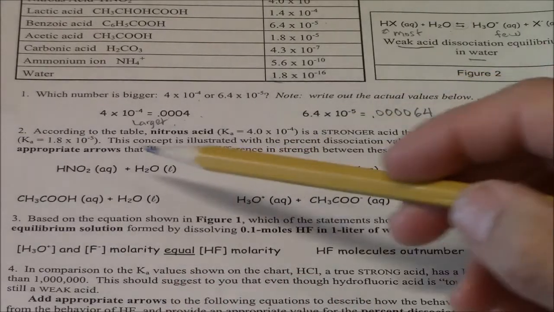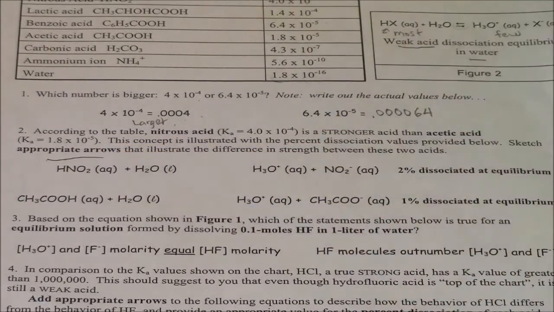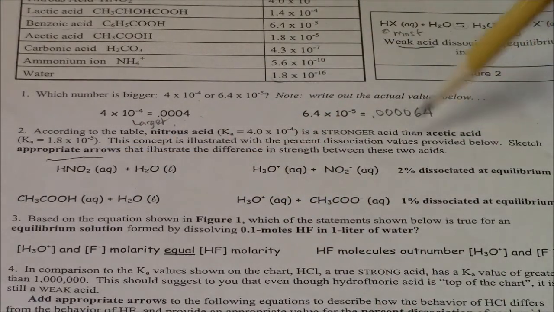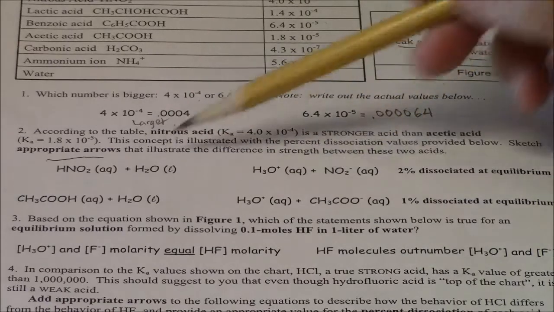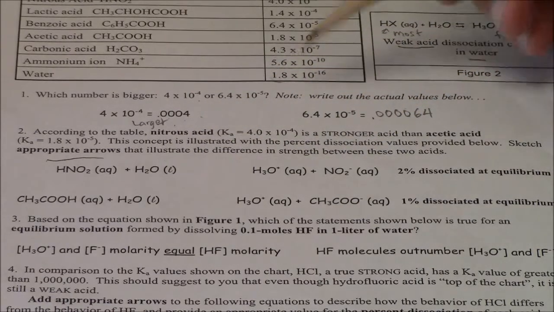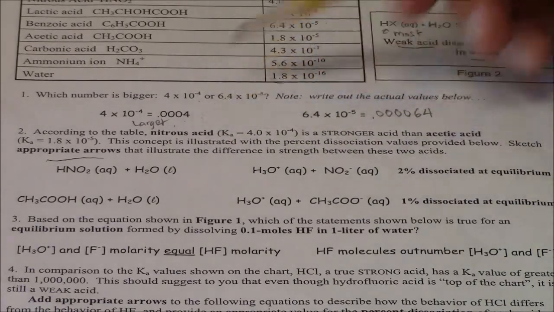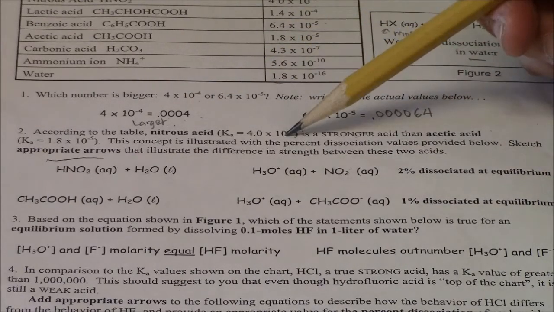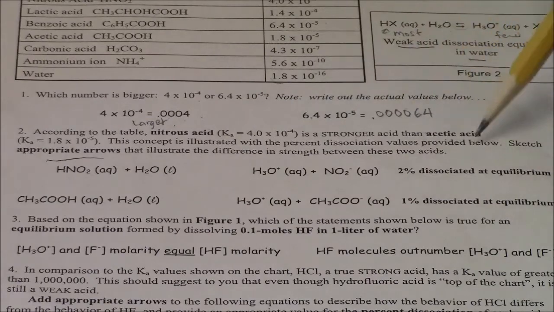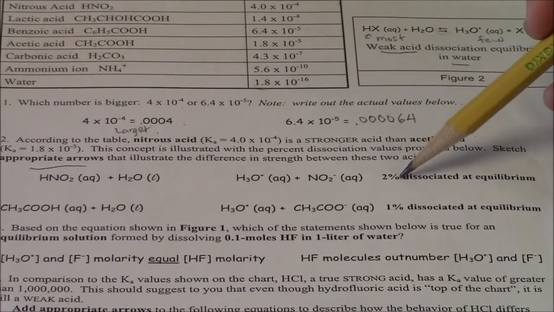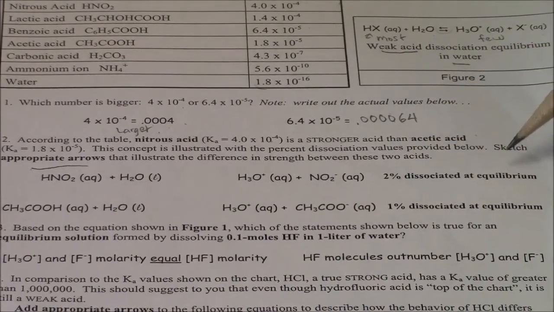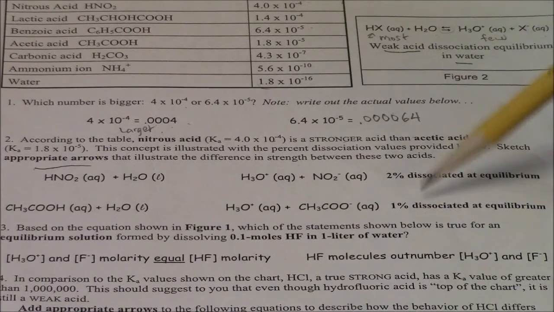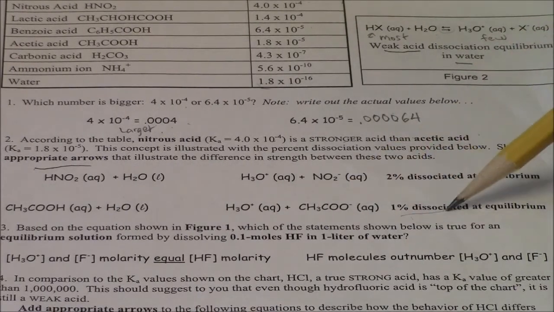Question number 2 is talking about using arrows to represent an equilibrium that may favor the left or the right. The text says that nitrous acid is a stronger acid than acetic acid because the Ka is bigger. The numbers here show that the percent dissociated will be smaller for the acetic acid, only 1% dissociated.